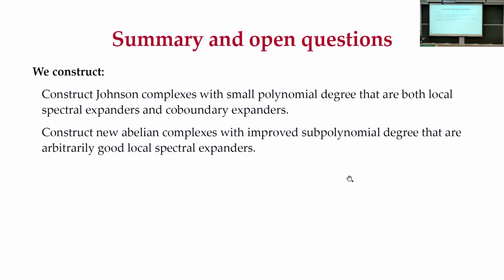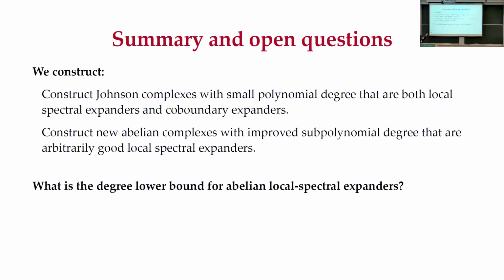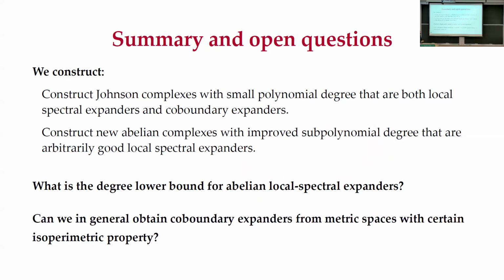Of course, the obvious open question is to find elementary constructions where we can improve the degree to bounded degree. But I feel that's a very far-out goal, so I want to pose two more specific questions. The first one is about the classical results, which tell us that Abelian Cayley graphs cannot be good expanders unless they have log degree.